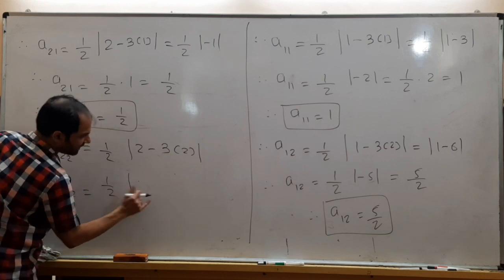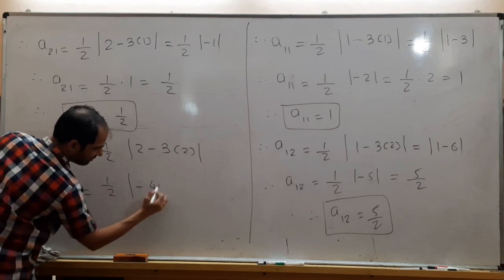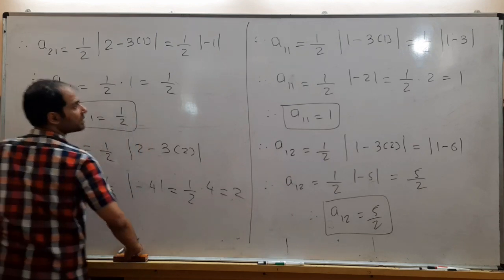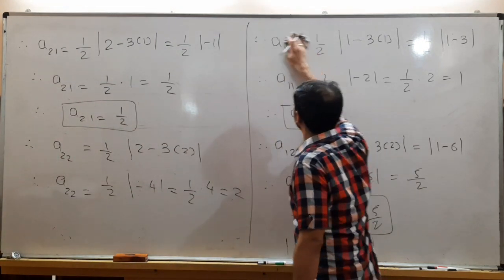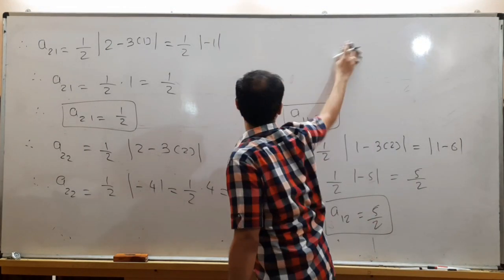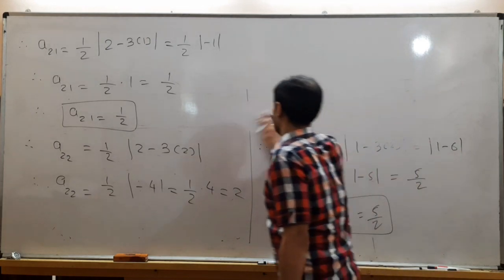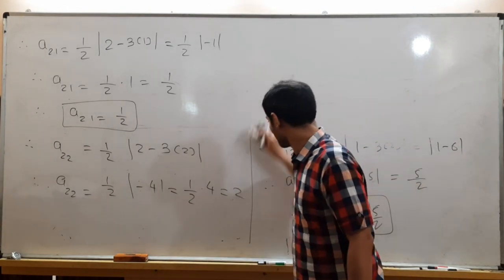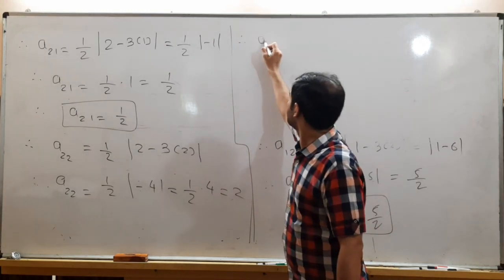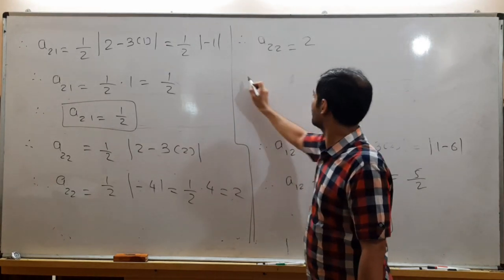So 2 minus 6. So mod of minus 4. So half into 4, which is 2. So A22 turns out to be 2.